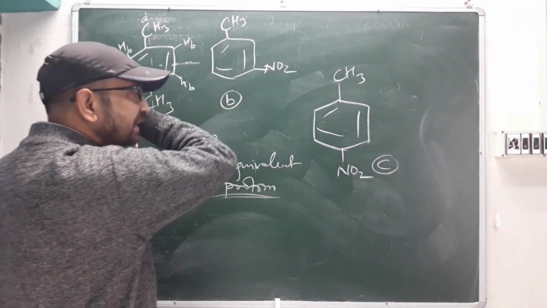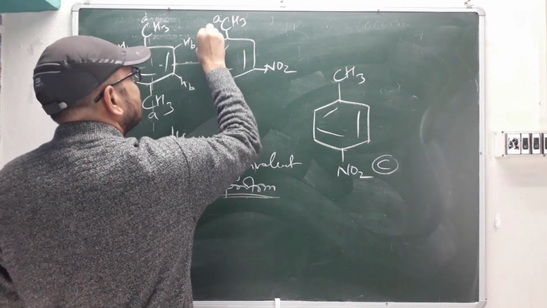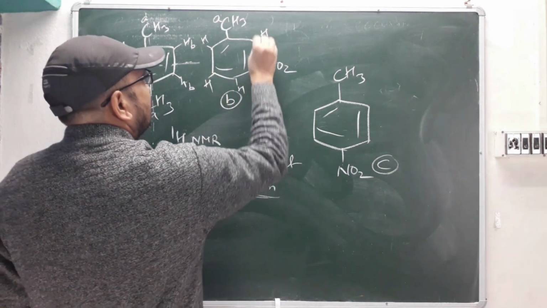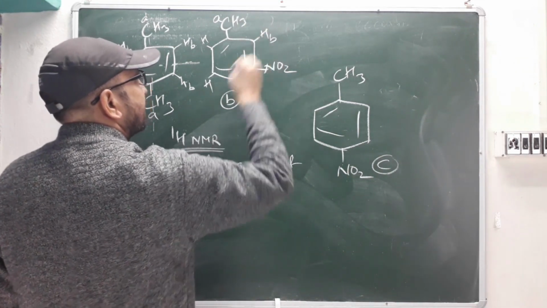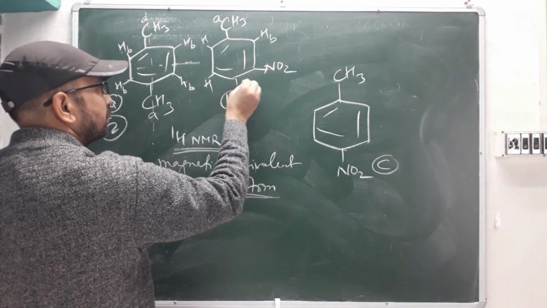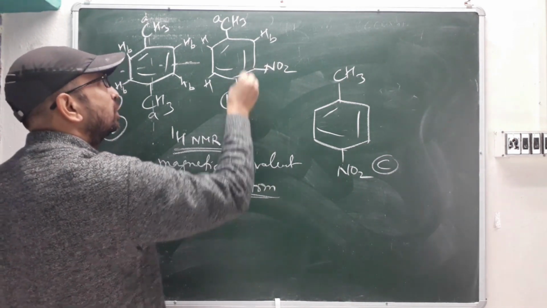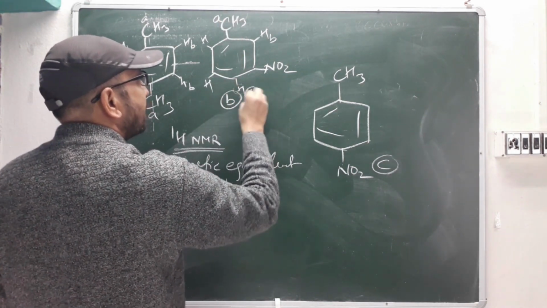For this compound, let's see. This will be A, this CH3, and then I'll draw out all the protons, and we'll see. Here, for this it is ortho, for nitro also this is ortho, so this is B type. And for this proton, from nitro it is ortho, and from toluene it is para, okay? So we call it C type.